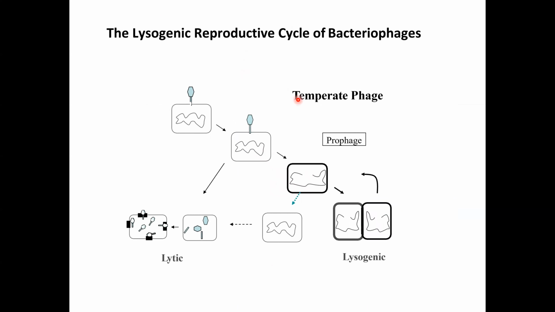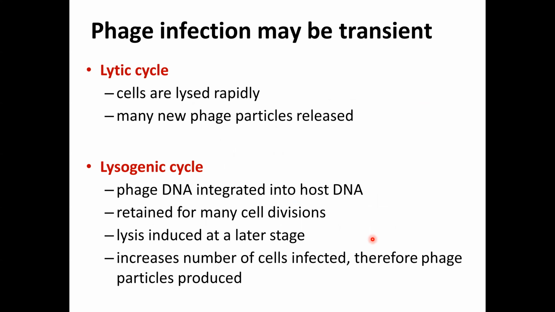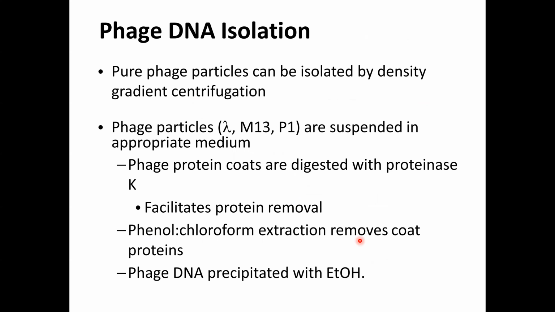Whereas in the lysogenic reproductive cycle of the bacteriophage, you have here the temperate phage, the prophage. So it is injected, then released, and then we have here the lytic cells. However, in the lysogenic cycle, the phage replicates, so it increases the number of cells infected.